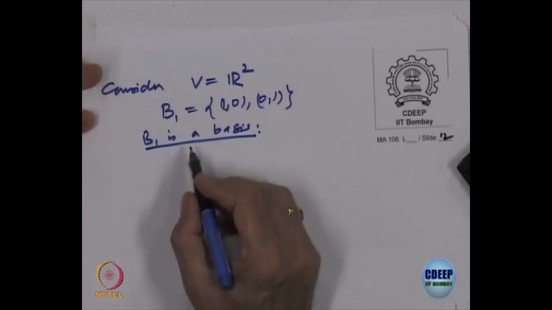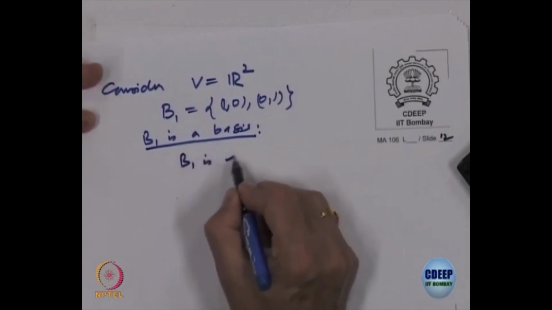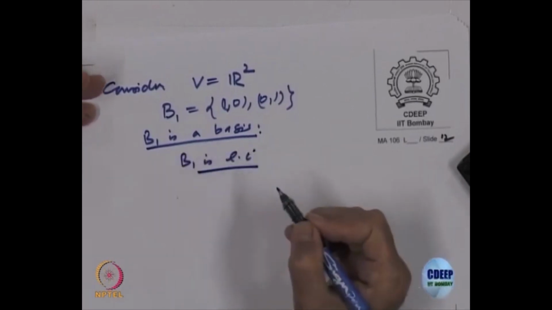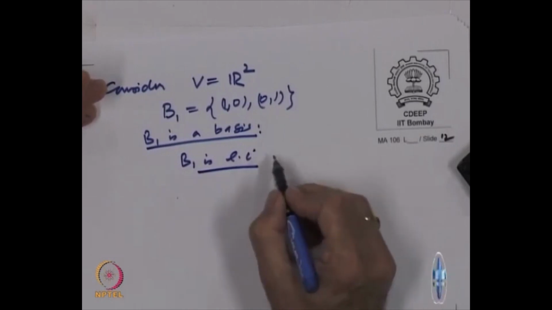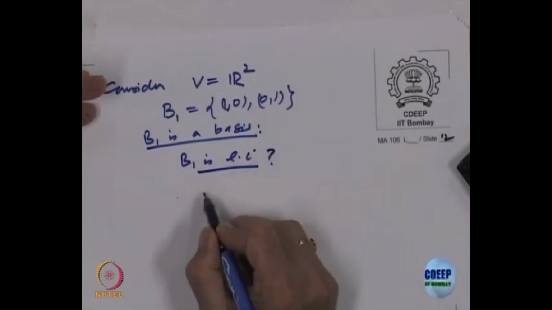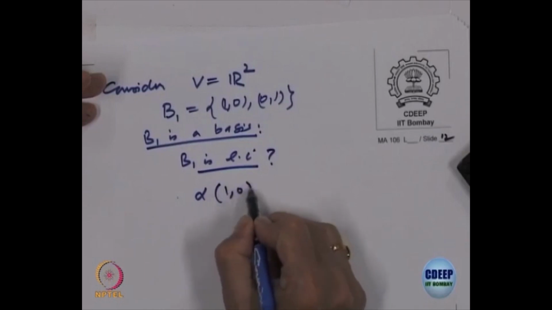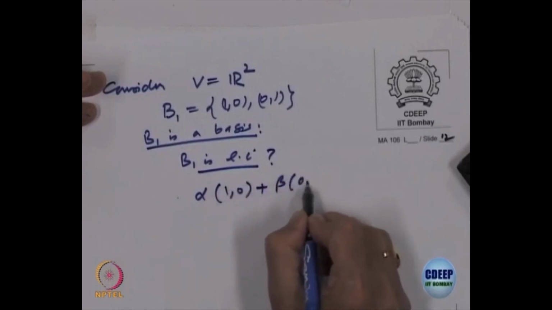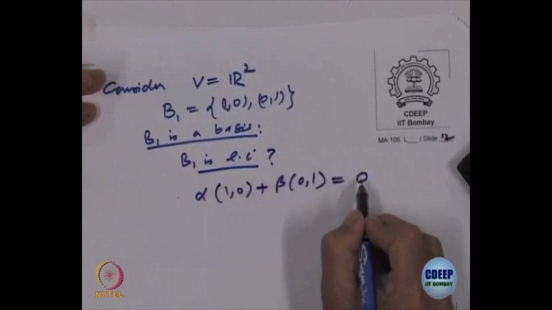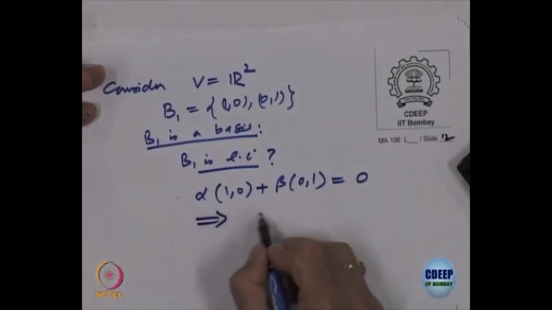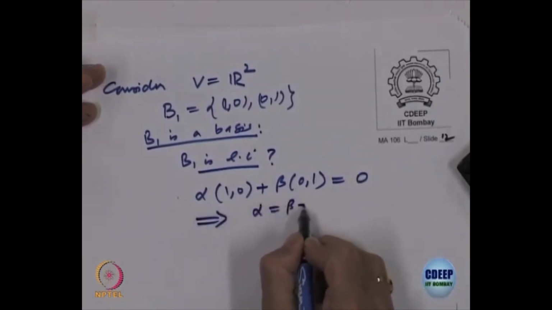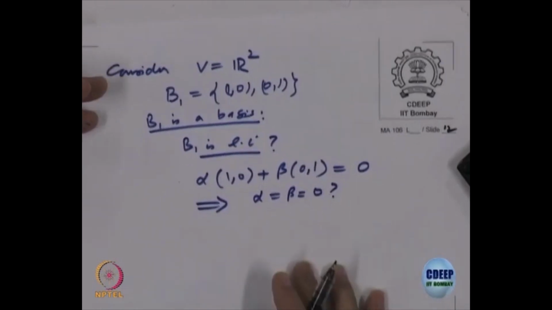Let us check that B1 is a linearly independent set. How do I check it? Check alpha times (1, 0) plus beta times (0, 1); if it is equal to 0, it should imply alpha equal to beta equal to 0.